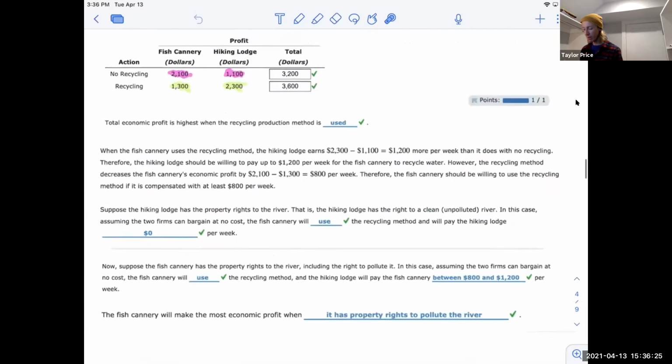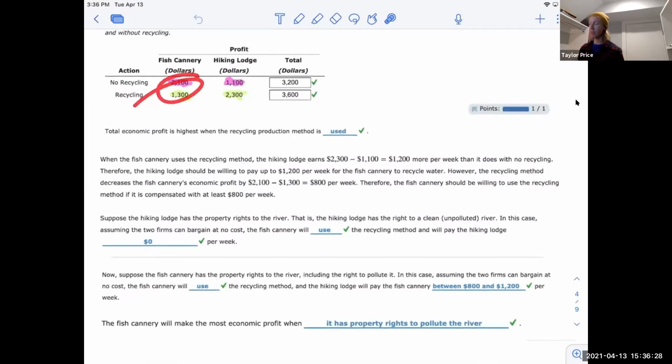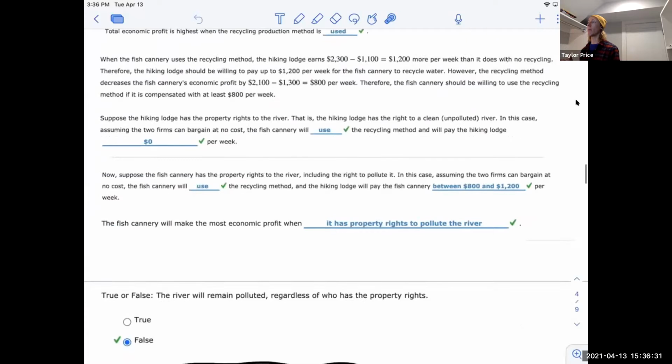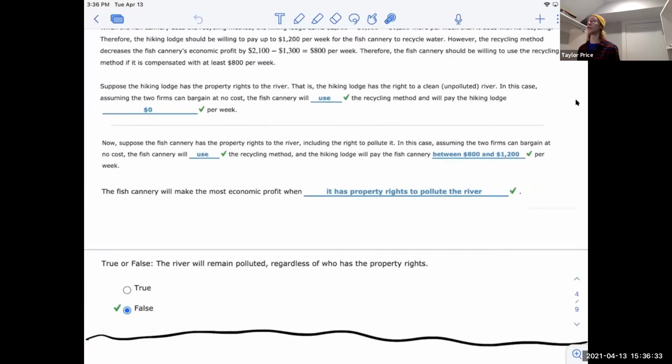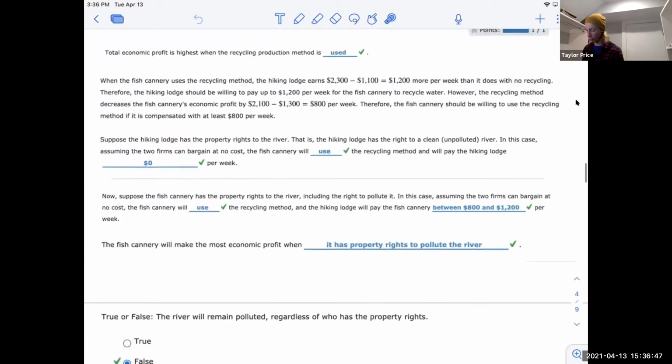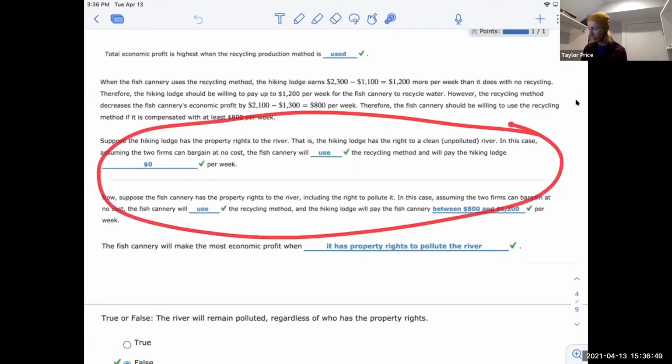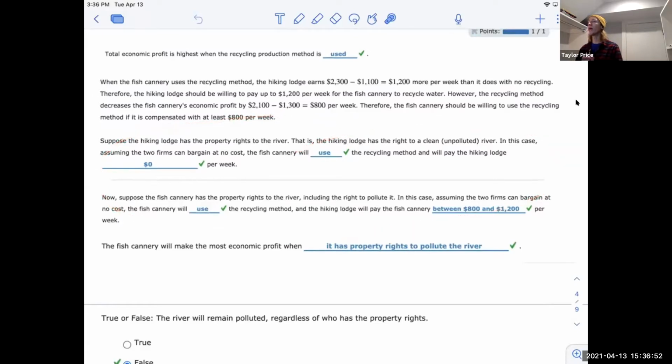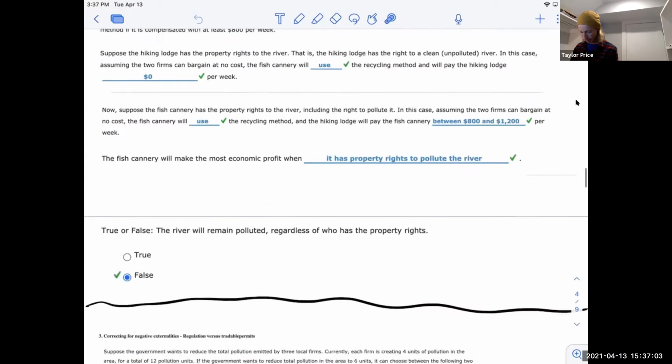Basically, that's the difference in its profits, so that they will not pollute. Ultimately, we can see from this that the river is not going to be polluted, because under both scenarios, whoever has the rights to the river, the fish cannery is going to use the recycling method, because that's the method that benefits it the most.